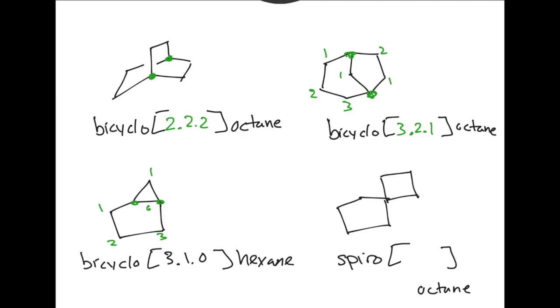And then what are my numbers? 4, 3. Here, when it's spiro, you're always one short. So when the prefix is spiro, the numbers in the bracket add up to be one less than your total number of carbons, right? Because you just aren't counting your shared carbon. Reasonable?